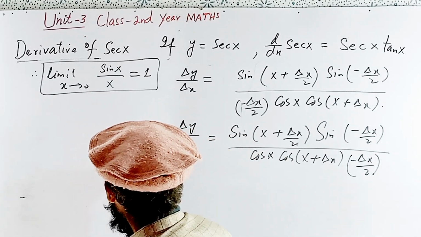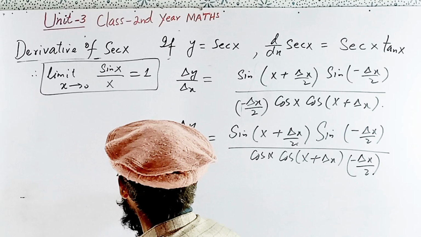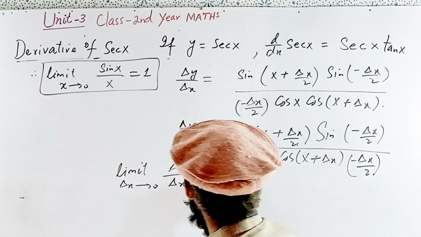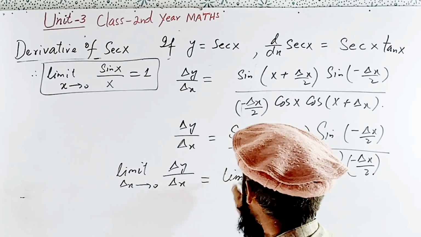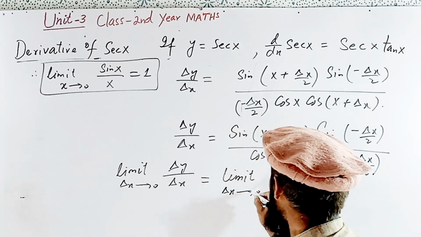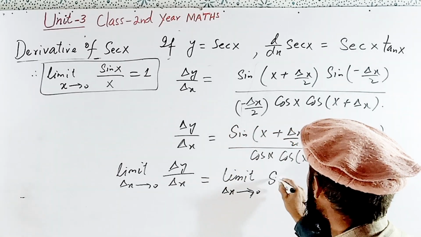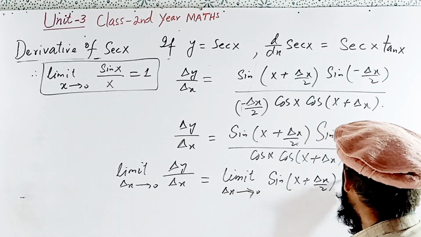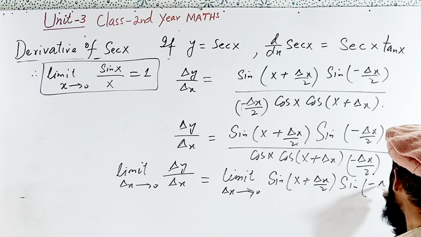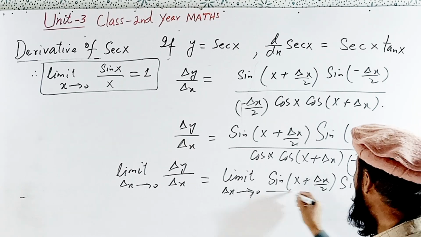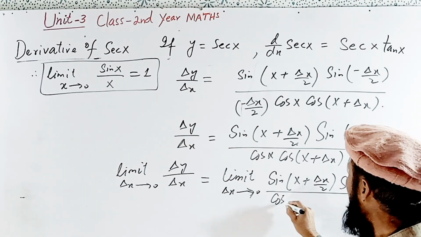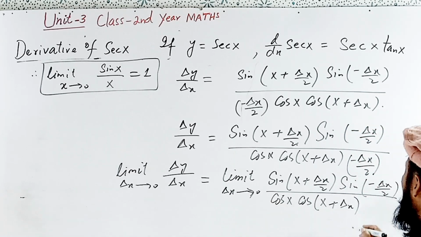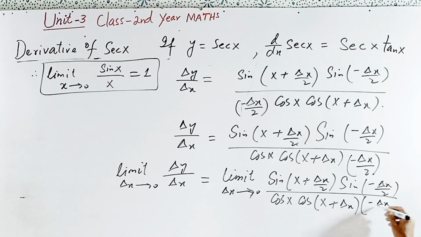Limit delta x tends to 0, delta y divided by delta x is equal to limit delta x tends to 0 of sin of (2x plus delta x) divided by 2 and sin of minus delta x divided by 2, divided by cos of x plus delta x and minus delta x divided by 2.